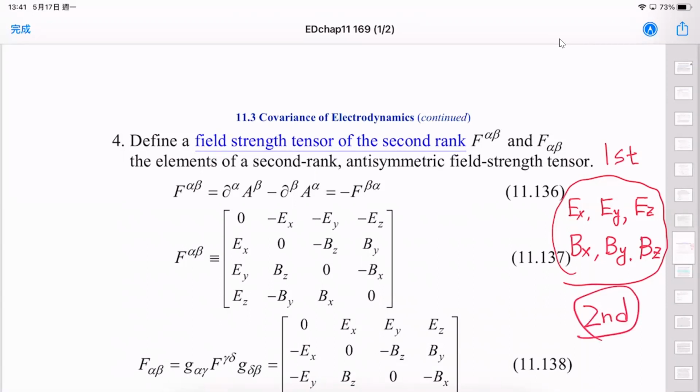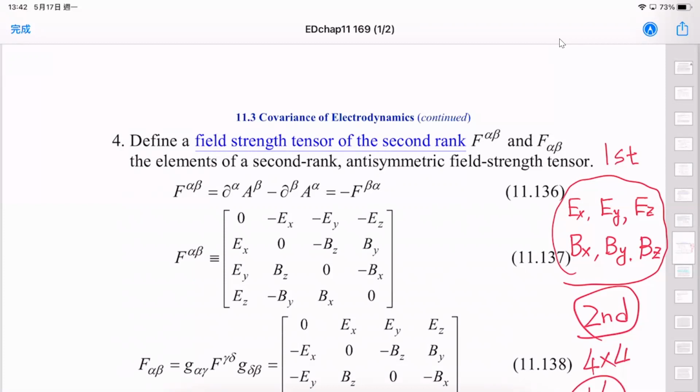But a four-tensor of the second rank is 4 by 4, 16 components. How to form a four-tensor of the second rank? Here is a possibility. We have 6 components. For a symmetric tensor, we have 4 diagonal and off-diagonal components, totally 10 components.